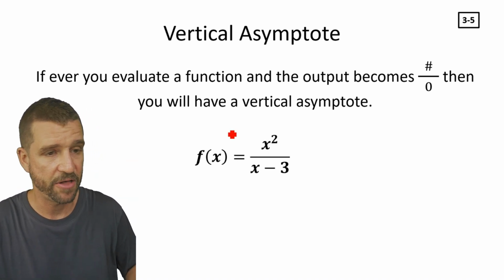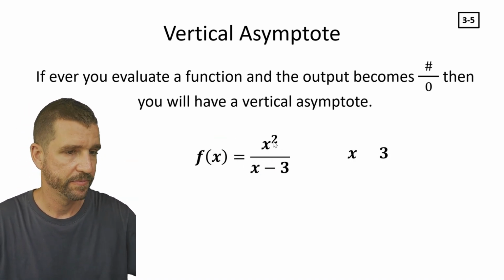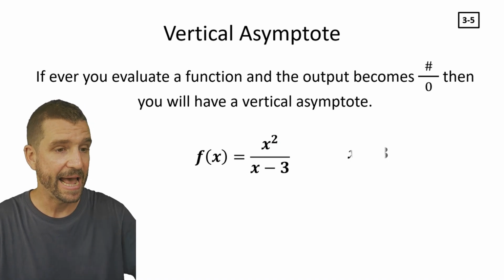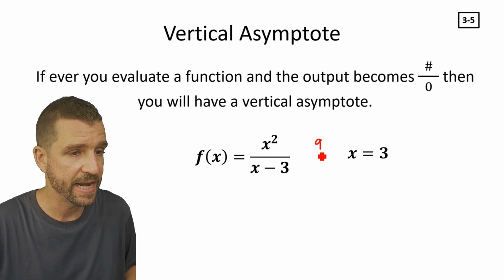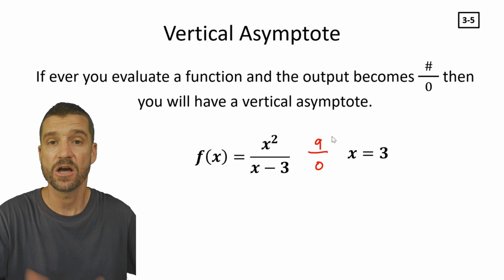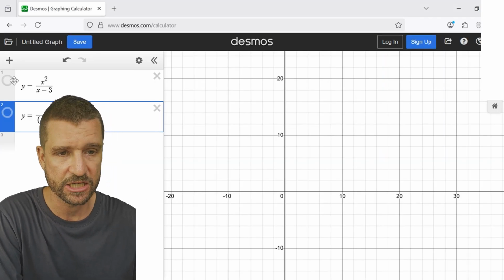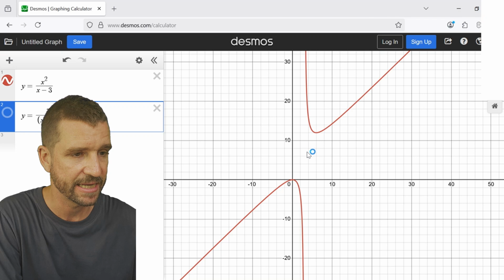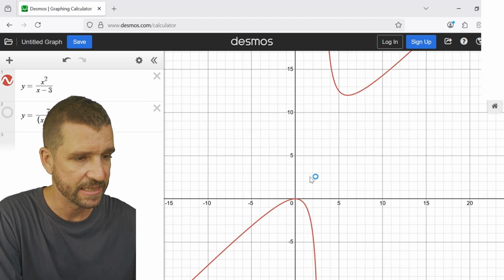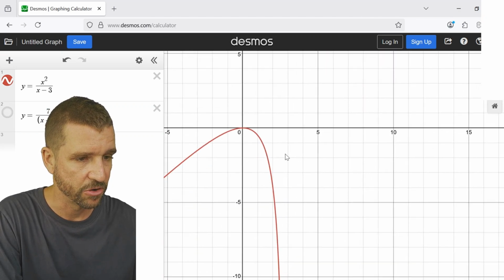For example, let's think about this one. At x equals 3, we would get 9 over 0. That means a vertical asymptote. And I'll show you this here with Desmos. x squared over x minus 3 looks like this. And we can see that there is indeed a vertical asymptote at 3.